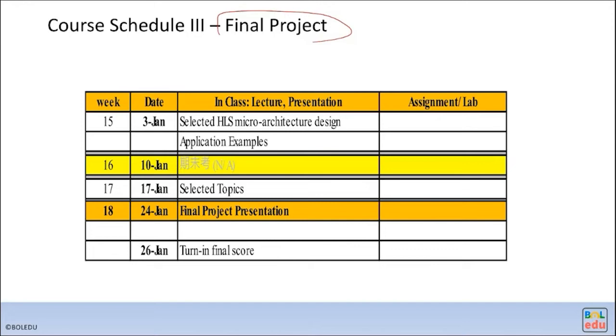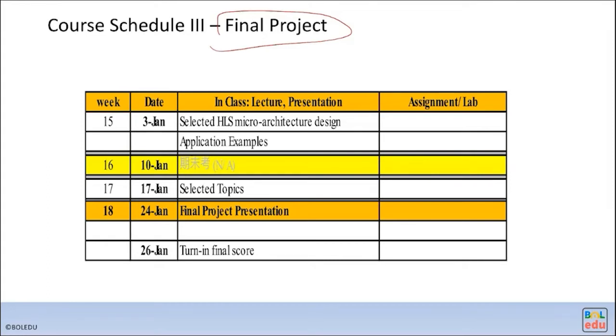That means for each team, you have to decide the final project earlier, so that I can have a one-on-one meeting with each team to decide the scope of the final project, how to address the issue, and what approach to take for the final project.